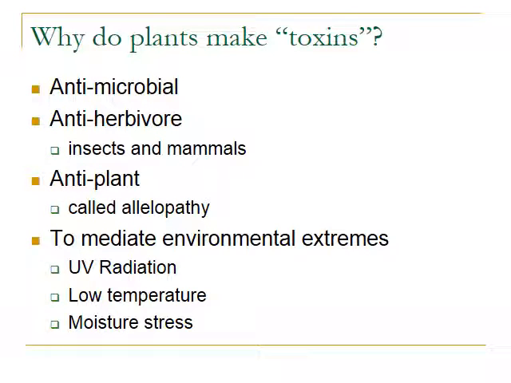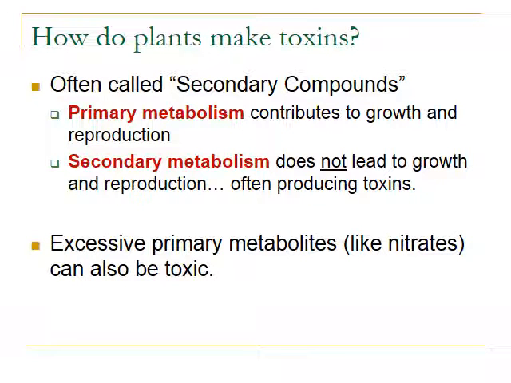Finally, many compounds in plants are just designed to help the plant deal with environmental extremes, to absorb or reflect excessive UV radiation, to help the plant survive moisture stress or low temperatures or high temperatures. So plant compounds could be useful just to mediate environmental extremes.